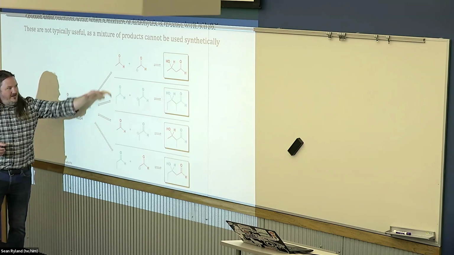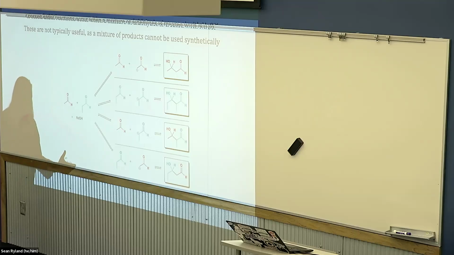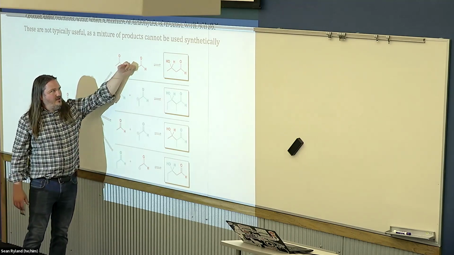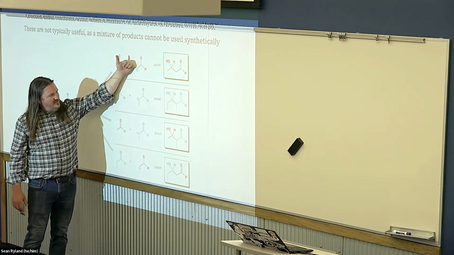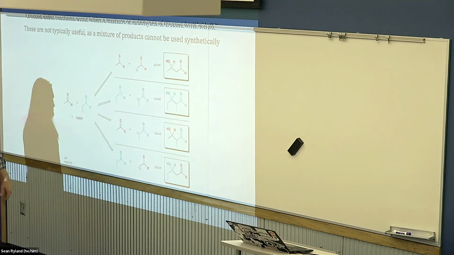Because really, if we try to do this in the lab, just the way that it's shown here, we're going to get all of these products, and they're not going to be exactly the same ratio. It'll depend a little bit on thermodynamic concerns, whether you're going to preferentially make the ethyl enolate versus the propyl enolate. But either way, it's going to give us close to 25% yield on all these.